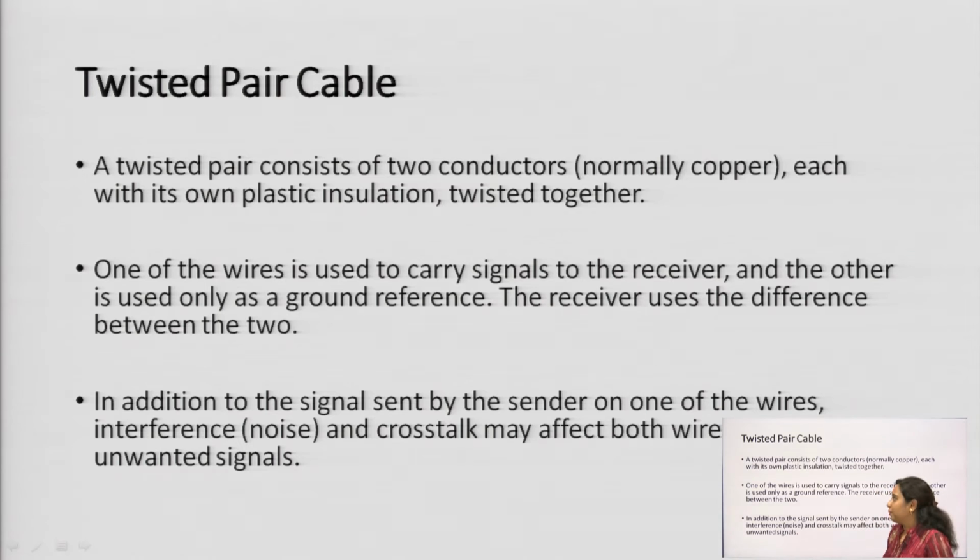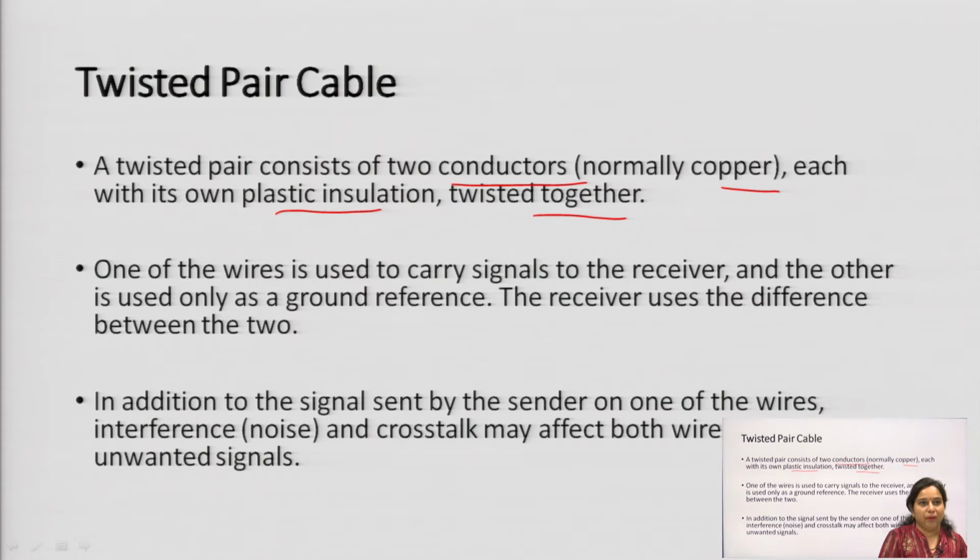Now, this is the twisted pair cable. A twisted pair cable consists of two conductors, normally copper, each with its own plastic insulation, twisted together. So, two copper wires having a plastic covering, which are twisted together.